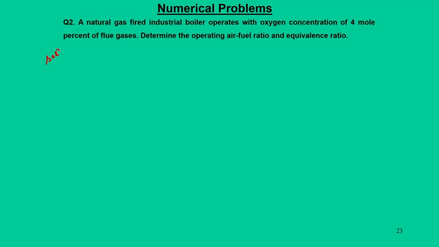These are called flue gases. You can assume that natural gas is blindly CH4, so it is a methane air combustion.